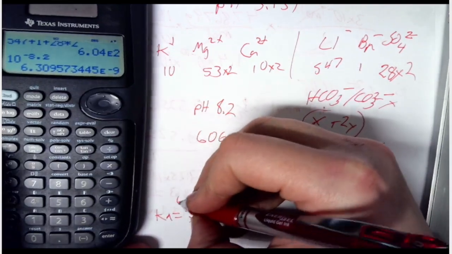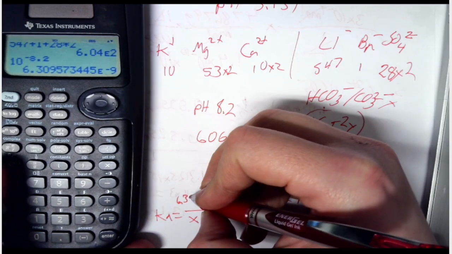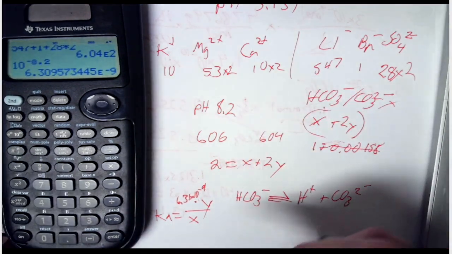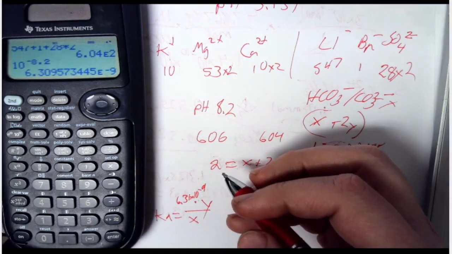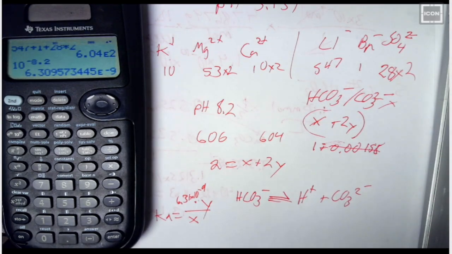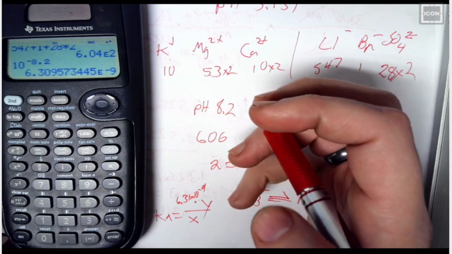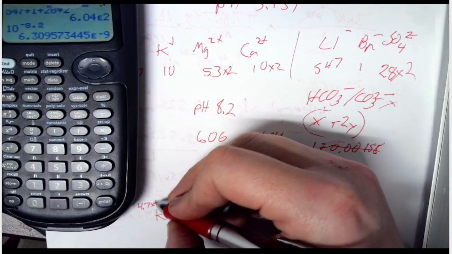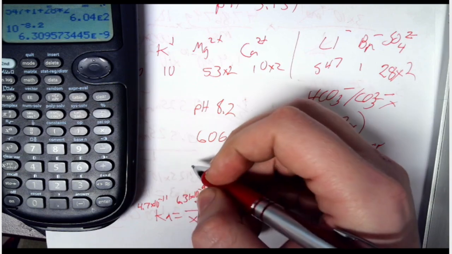That's 6.31 times 10 to the negative 9th. And Ka for this is 4.7 times 10 to the negative 11th.